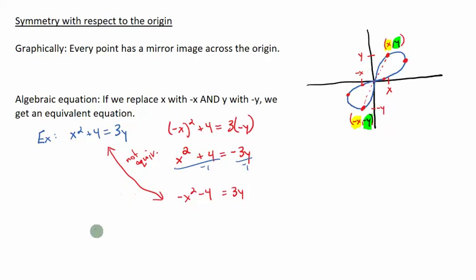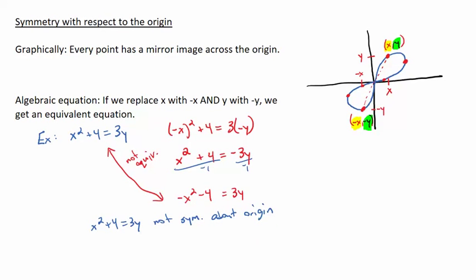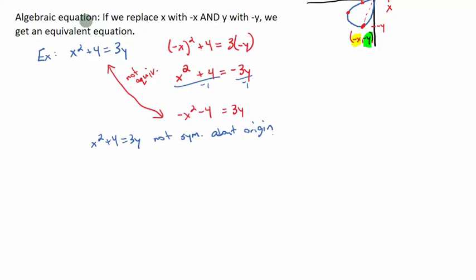So the original equation, x squared plus 4 equals 3y, is not symmetric about the origin. Let's try another example to test for symmetry about the origin. Let's look at x times y equals 12.